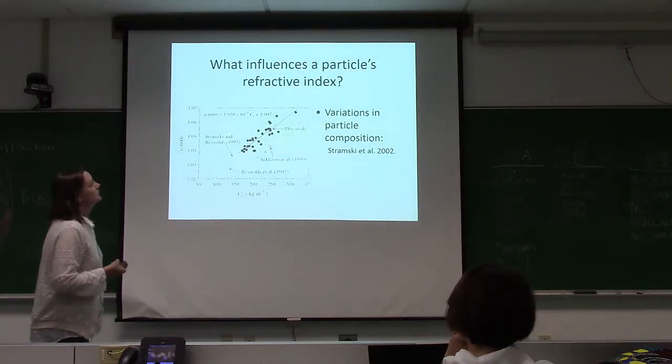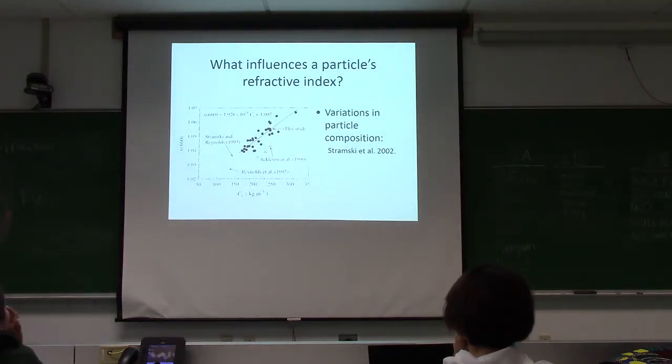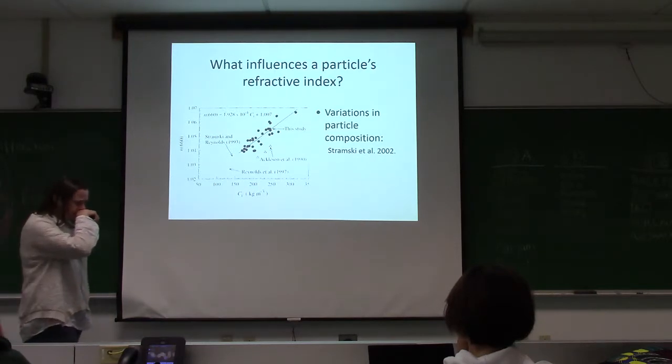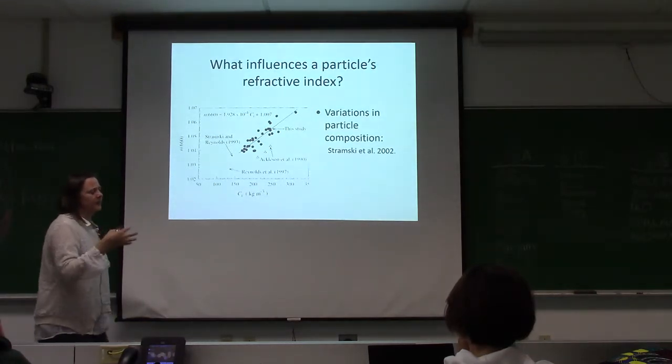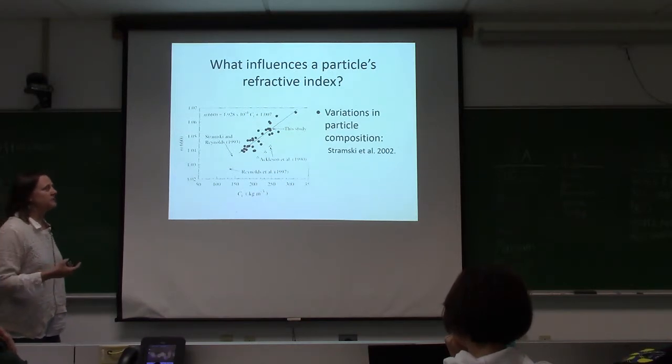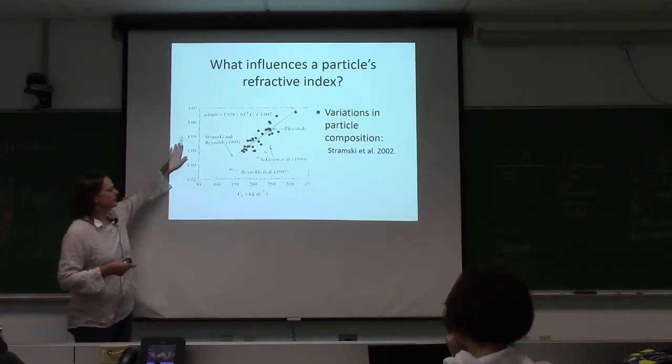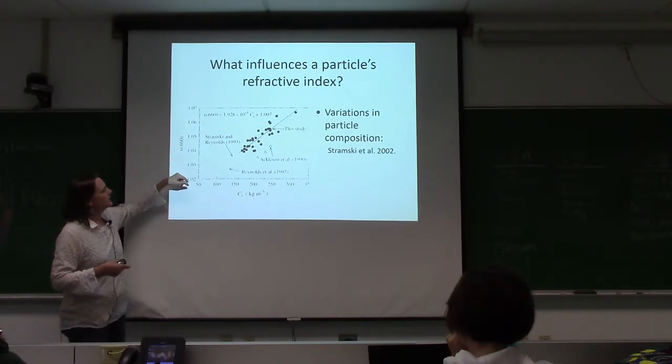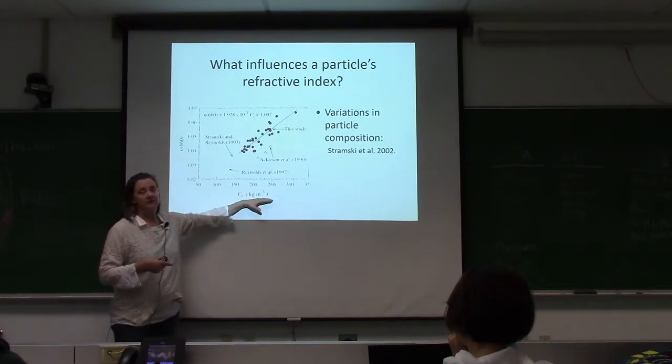Okay, so then the question is, for particles that have an index of refraction that's different from water, the medium they're in, and if that is going to impact scattering, we should know something about the index of refraction of particles. Here's a nice study from Dariusz Stramski, where he looked at how the index of refraction of bulk particles changes as a function of their internal carbon concentration.